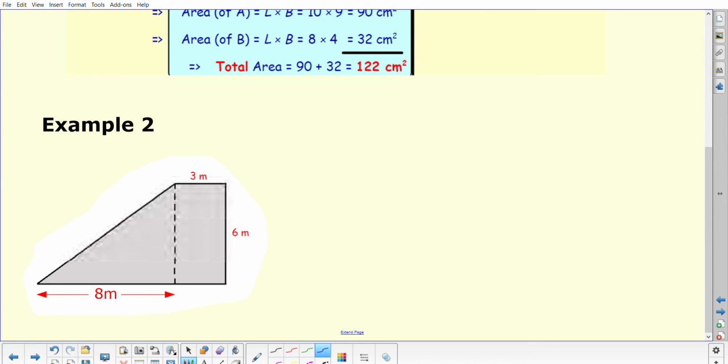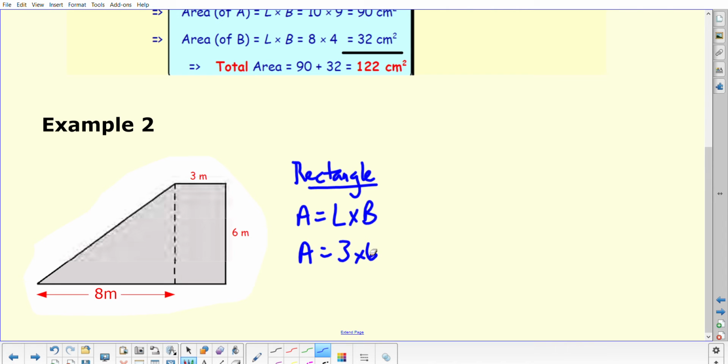You might wish to even put a little heading that says I'm working out the rectangle. So the rectangle, we would say area is length times breadth, and for a rectangle that means I'm using 3 by 6, so 3 times 6. And notice this time the measurements are in metres, which means my area will be square metres, so 18 square metres.